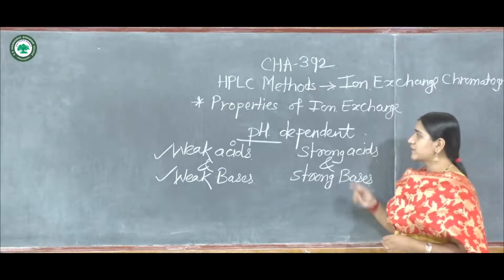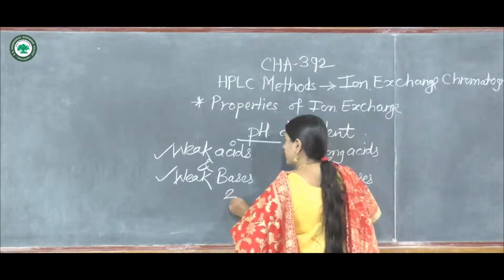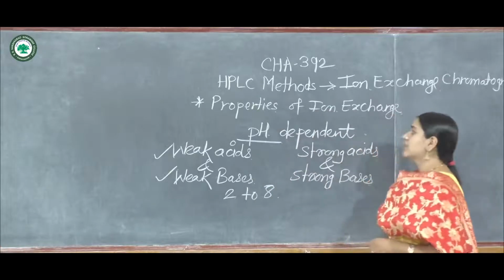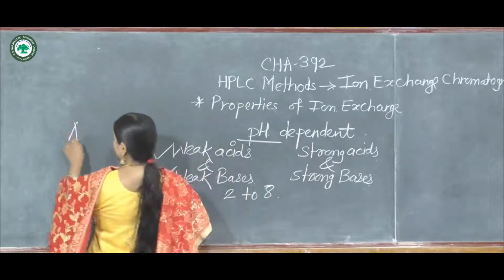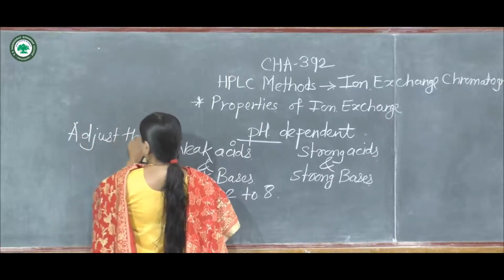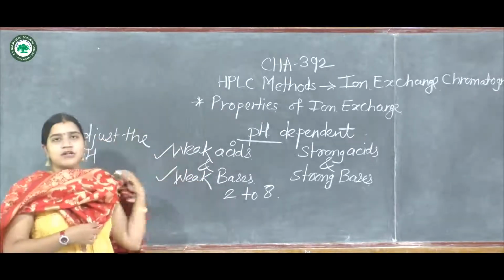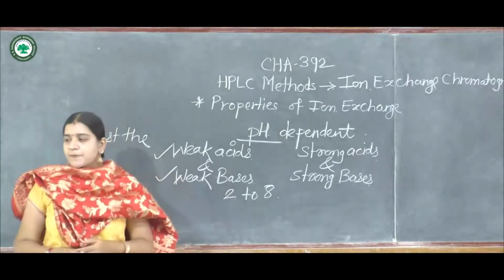Now as far as the pH dependence is considered, it normally works in the pH range of 2 to 8, and you have to properly adjust the pH. Now what about the materials used for the HPLC method?